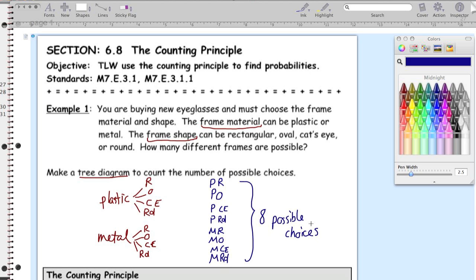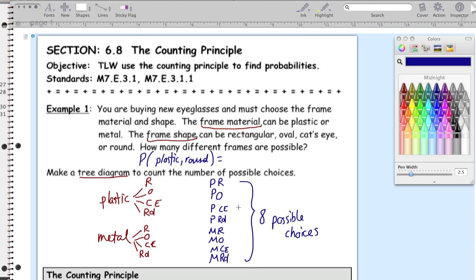What if you're an eyeglass shop though, and you want to say, all right, what's the probability that someone chooses a plastic and round pair of glasses? Okay, so we wouldn't be able to figure this out unless we knew how many total possible choices there were.